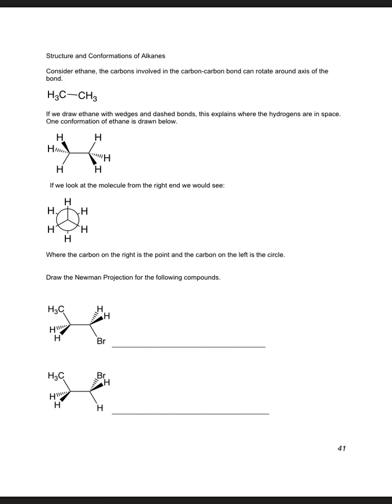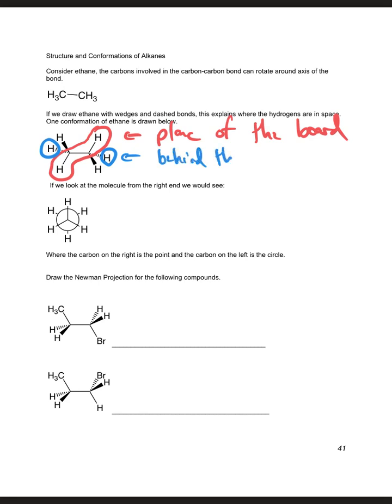If we draw ethane with the wedges and dashed bonds showing what that is, the carbons and the 2 hydrogens, those are in the plane of the iPad or of the board or of whatever you're looking at, the screen. Okay, so those 4 atoms are in the plane of the board. Then this hydrogen and this hydrogen, the blue, are behind the plane.